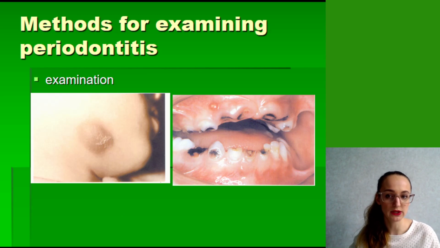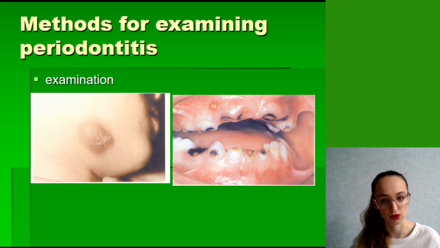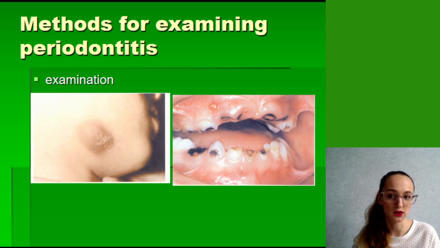Method of examination. Apical periodontitis can be symptomatic and asymptomatic, acute and chronic form. We can identify initial extension of pulpal inflammation into the periradicular regions, leading to inflammation of periodontal tissues.